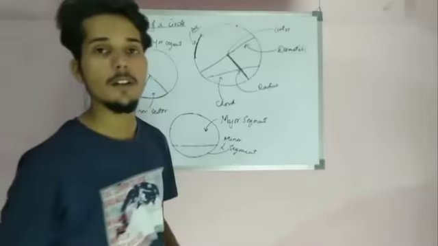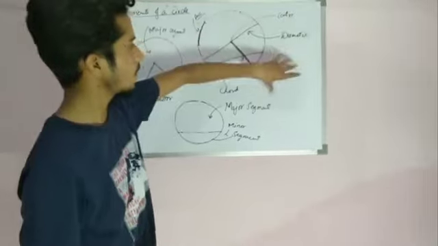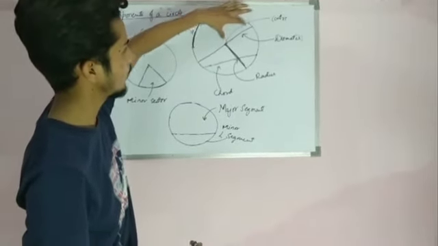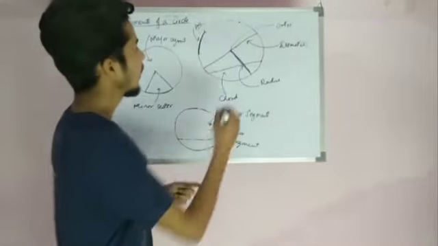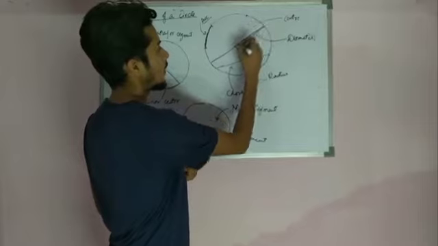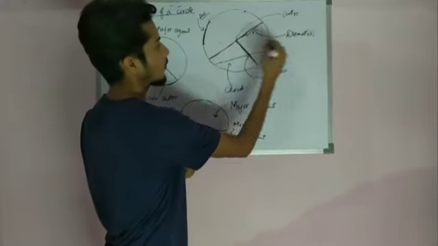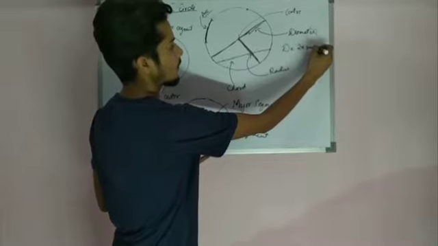And diameter is the longest chord. There is a specific relation between diameter and radius. We can see that a diameter consists of 2 radii, this one and this one. So we can say the diameter equals 2 times the radius.